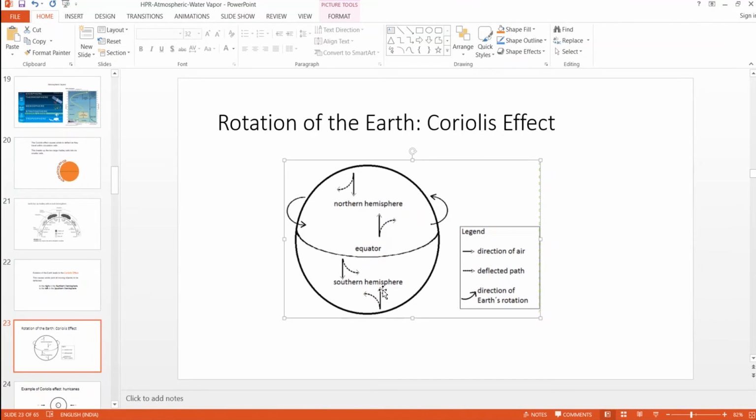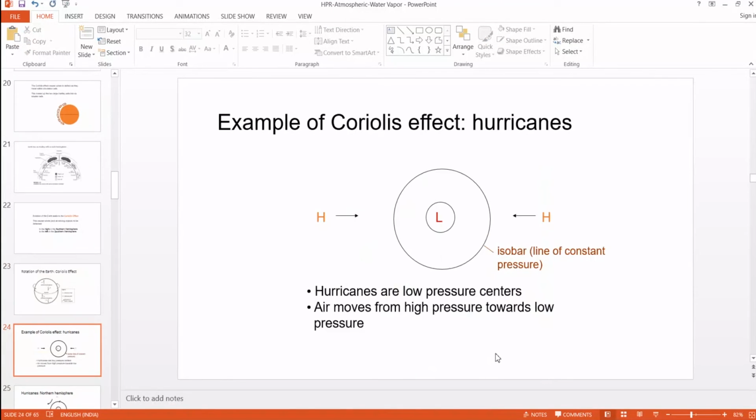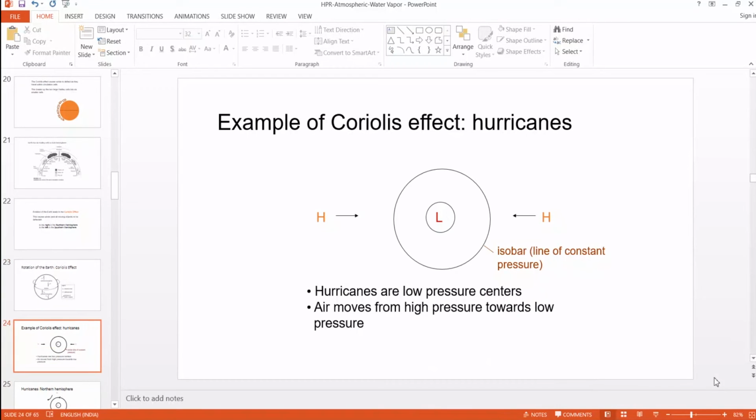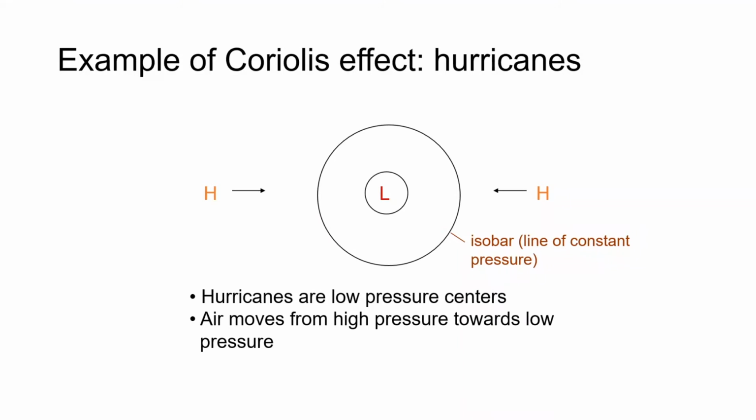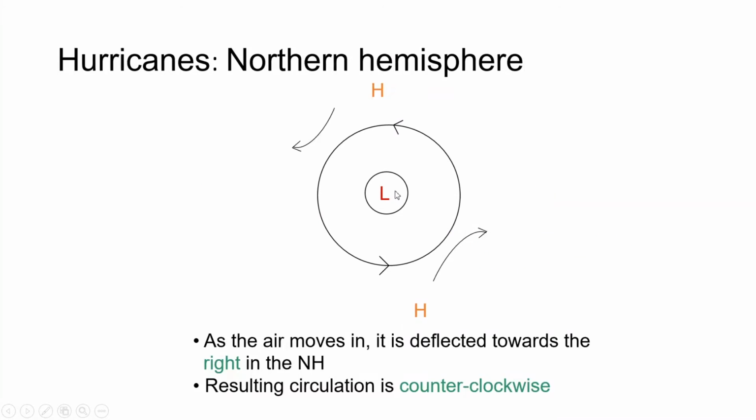This Coriolis effect is very important, because it drives the circulation pattern of cyclones. You see here, these are hurricanes in the northern hemisphere.